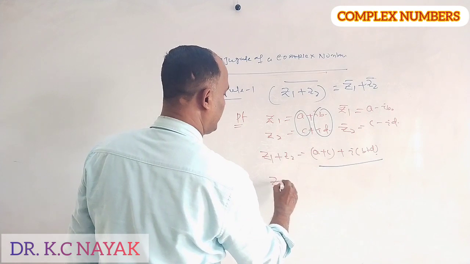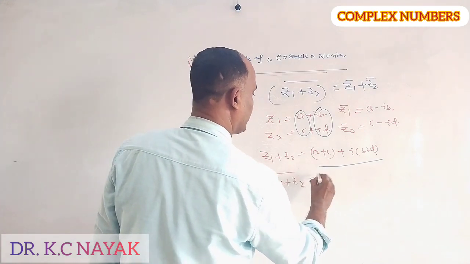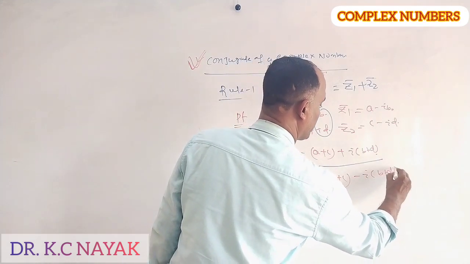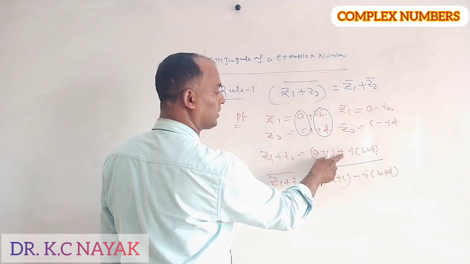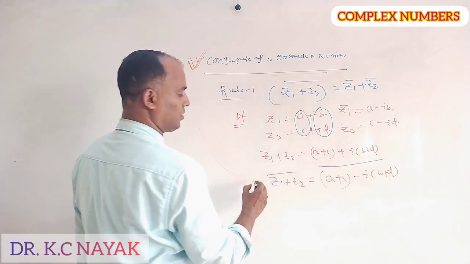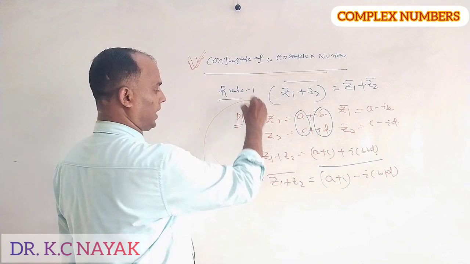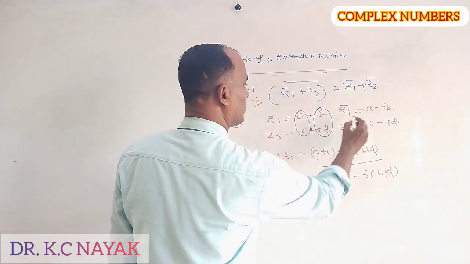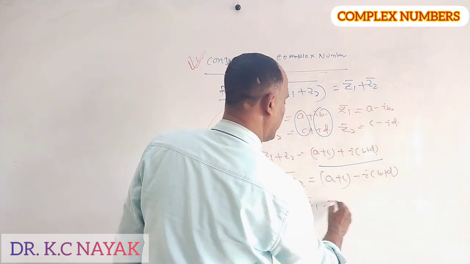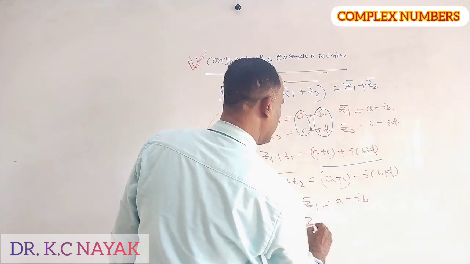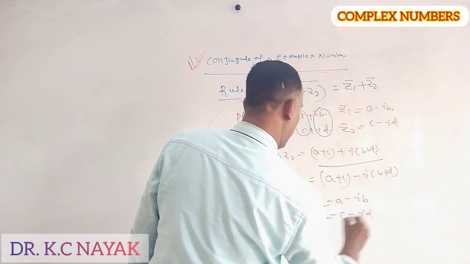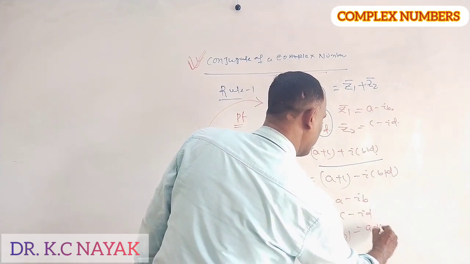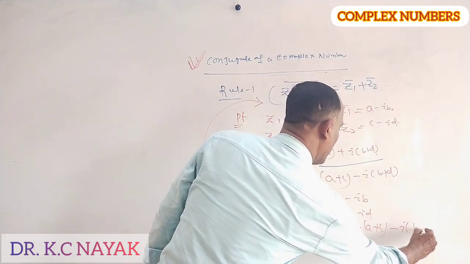In the same way, the conjugate of z1 plus z2 whole is equal to a plus c minus i into b plus d. That means we only change the positive to negative in the imaginary part. That is the LHS of the rule. Then the RHS of the rule: z1 conjugate is equal to a minus ib, z2 conjugate is c minus id, and z1 conjugate plus z2 conjugate is equal to a plus c minus i into b plus d.